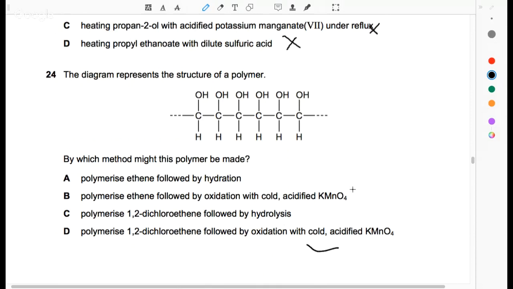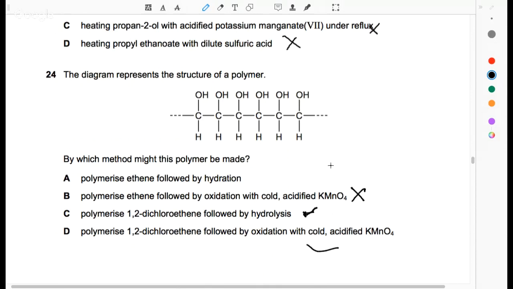So this can't be that, because the double bond's not there. Could it be C? If you polymerize an alkene, what do you get? You get an alkane.